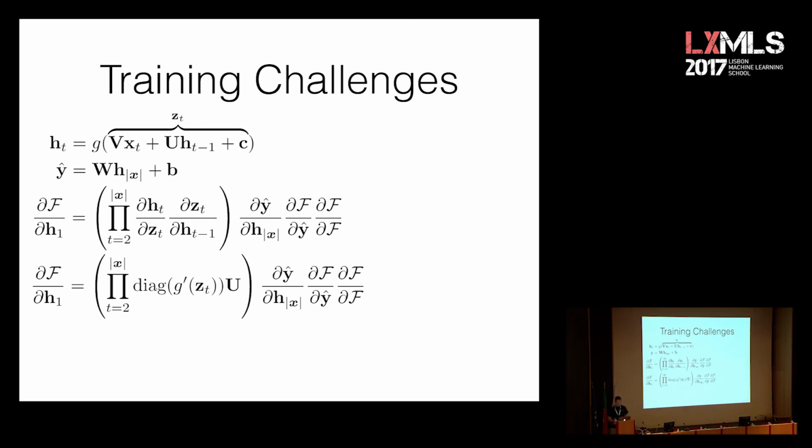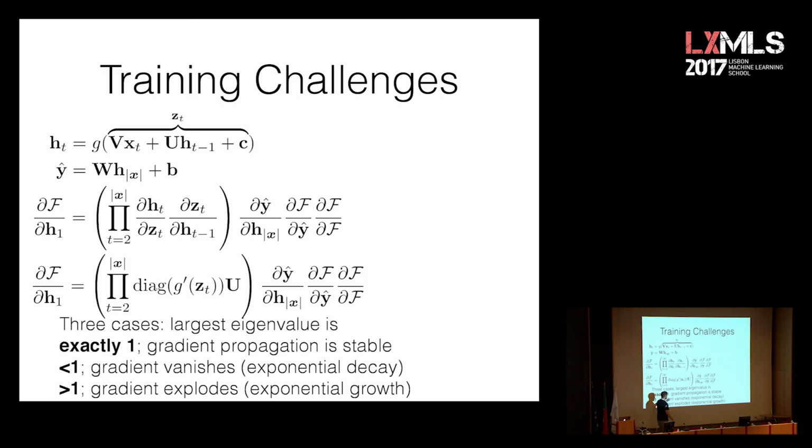So there are 3 cases to consider. U is a square matrix. So we're basically taking a square matrix and multiplying it by itself many, many times. So we'll ignore this component for now. There are 3 cases. First, the largest eigenvalue of U is exactly 1.